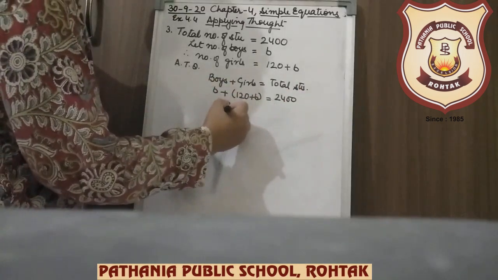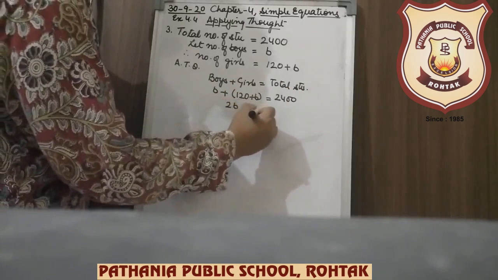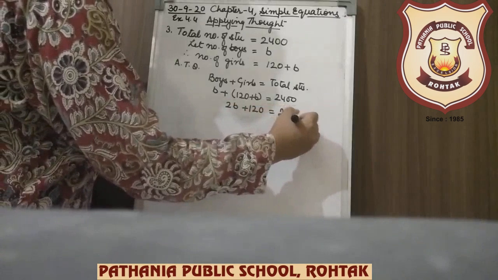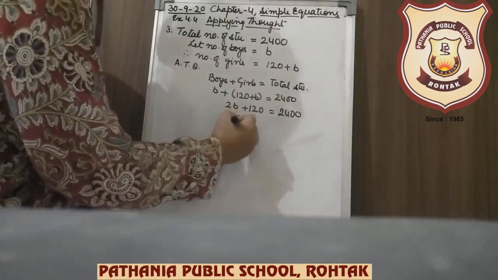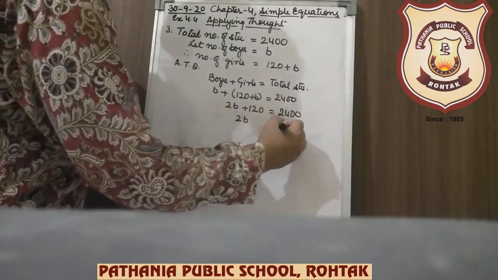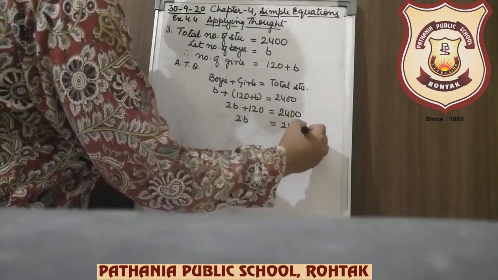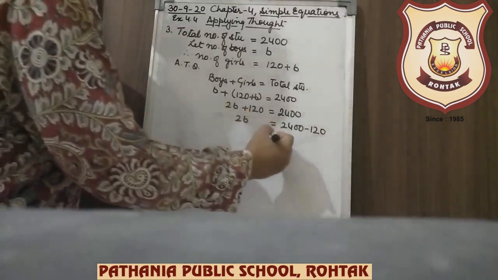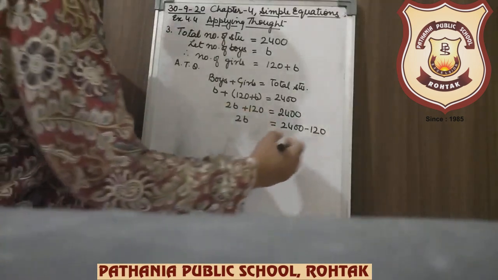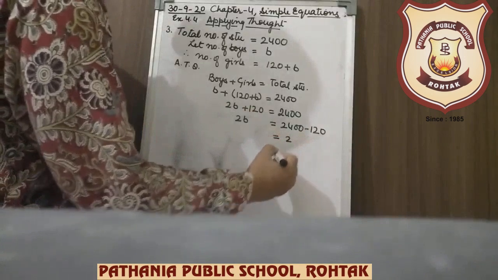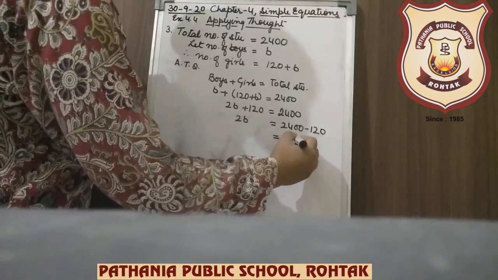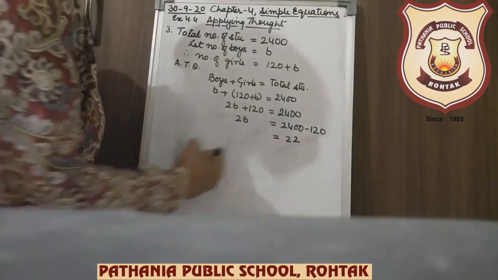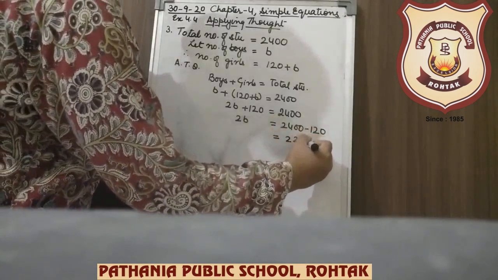B plus B plus 120 is equal to 2400, and 2B is equal to 2400 minus 120, and this is equal to 2280.